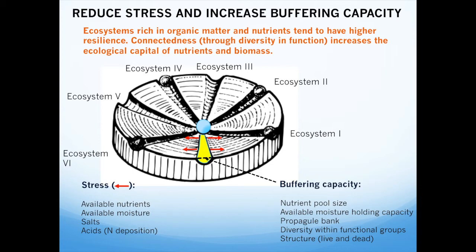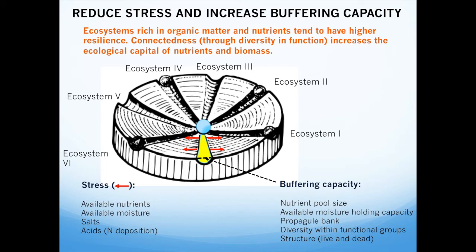Examples of stress are available nutrients, moisture, salts, and acids. So ecosystems that are low in nutrient availability, that incur moisture stress, that have salts incursion, that have acidification, fertilizer deposition, those are all stresses on the system. Those stresses can move that system outside of its resilience capabilities.